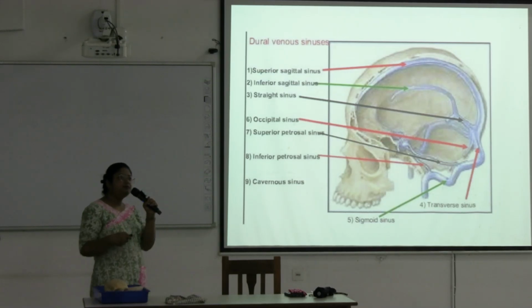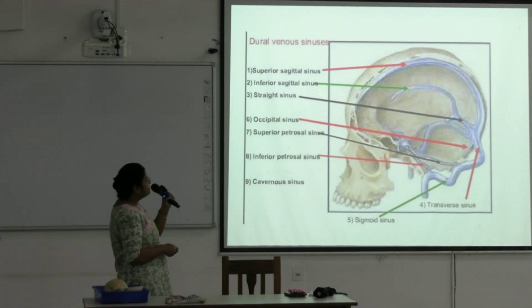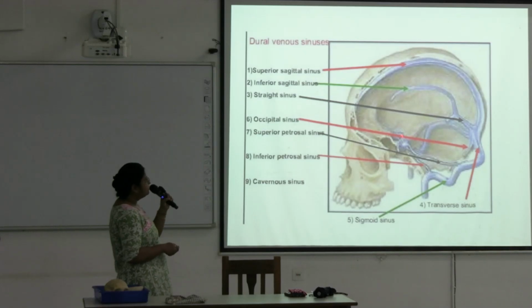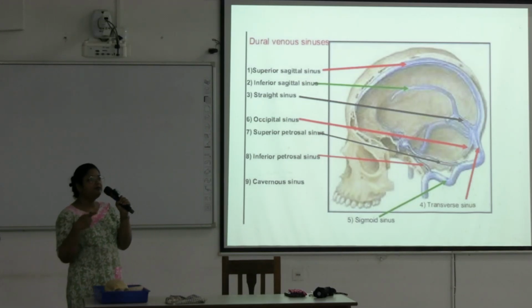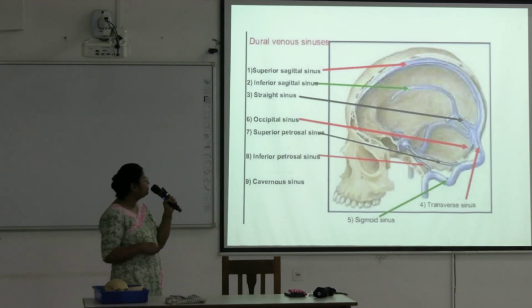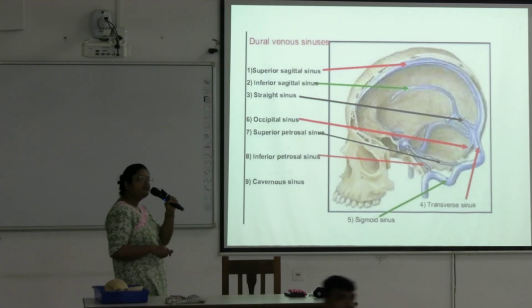On the two sides of the body of the sphenoid, you can see these are the cavernous sinuses. These cavernous sinuses are connected to the transverse sinus via the superior petrosal sinus and with the internal jugular vein via the inferior petrosal sinus. They lie along the upper margin and lower margin of the petrous part of the temporal bone. So all the sinuses you can see from this picture.